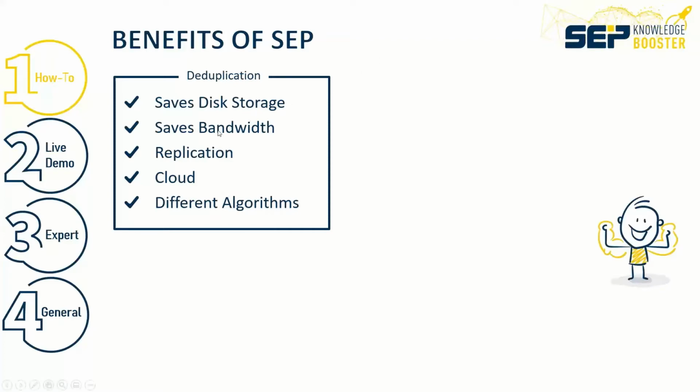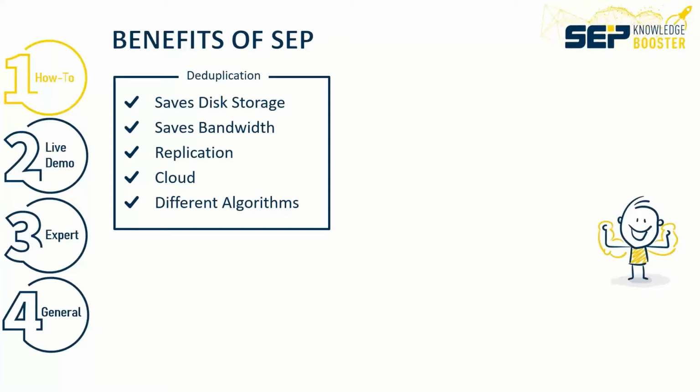Deduplication also enables a functionality called replication, because if you only transfer changed blocks to another location, it reduces the data dramatically, and you could have a copy of your data by replicating the data to another location, even if there is only a WAN connection with low bandwidth.